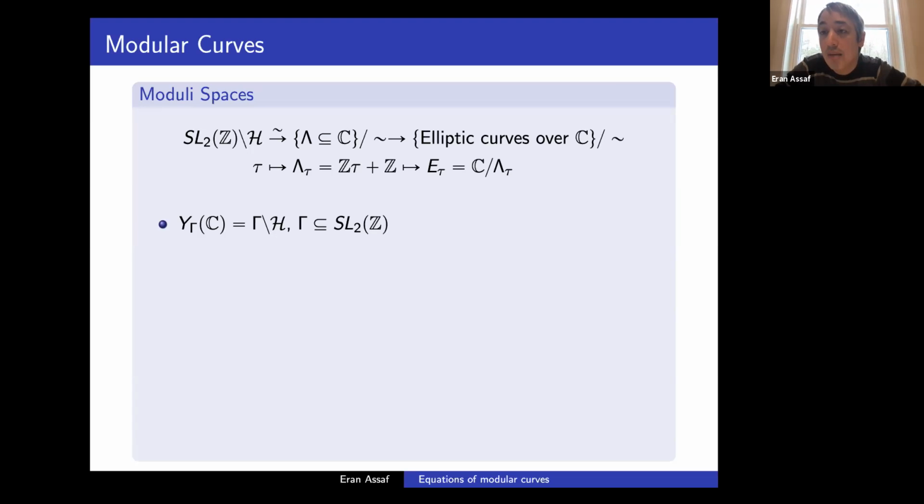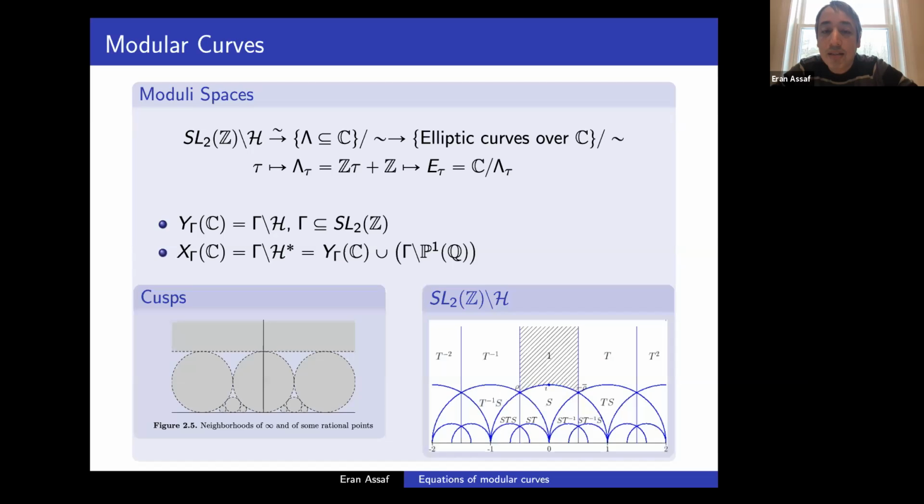If we have some discrete subgroup of SL2Z, we can quotient H by that subgroup. We will obtain something larger, and it will give us in general some moduli space, which I will describe shortly.